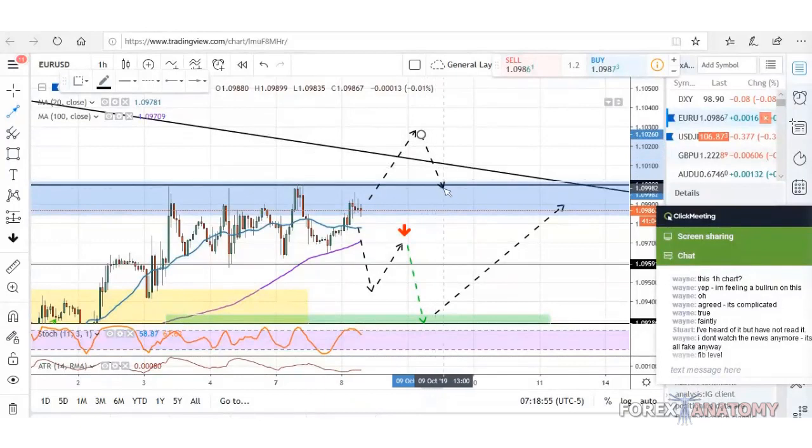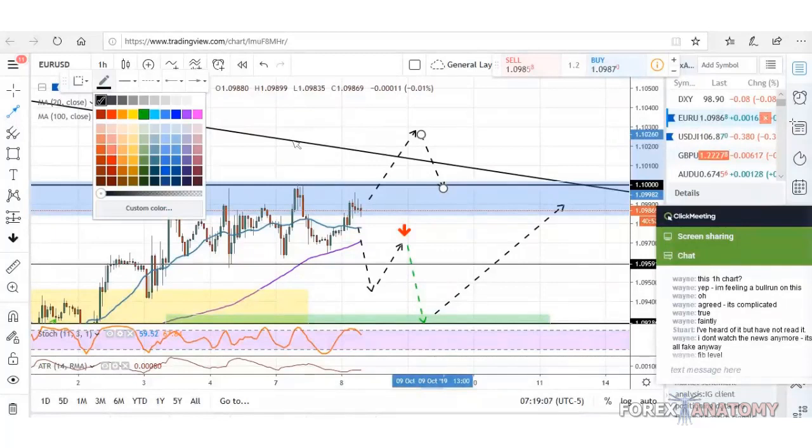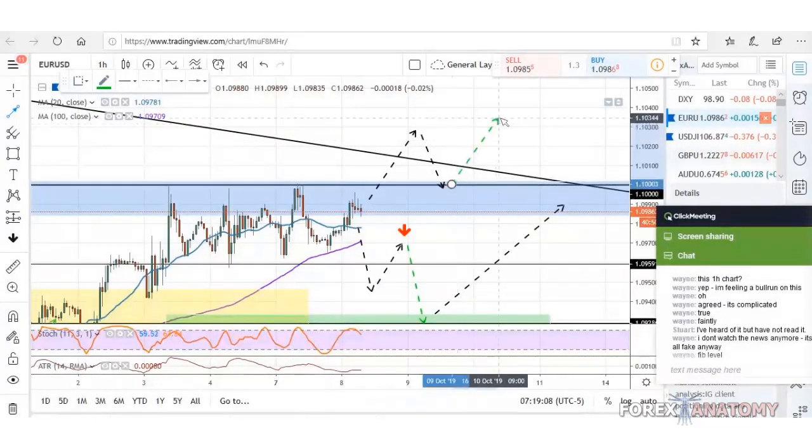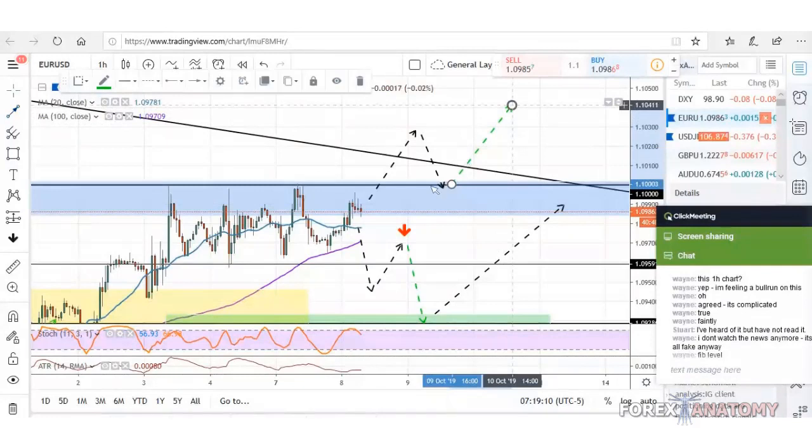Just wait for price to correct, to retest this trend line or this $1.10 institutional level, and then you'll look for your buying opportunity, and yeah, you'll just buy. So then that could happen as well.